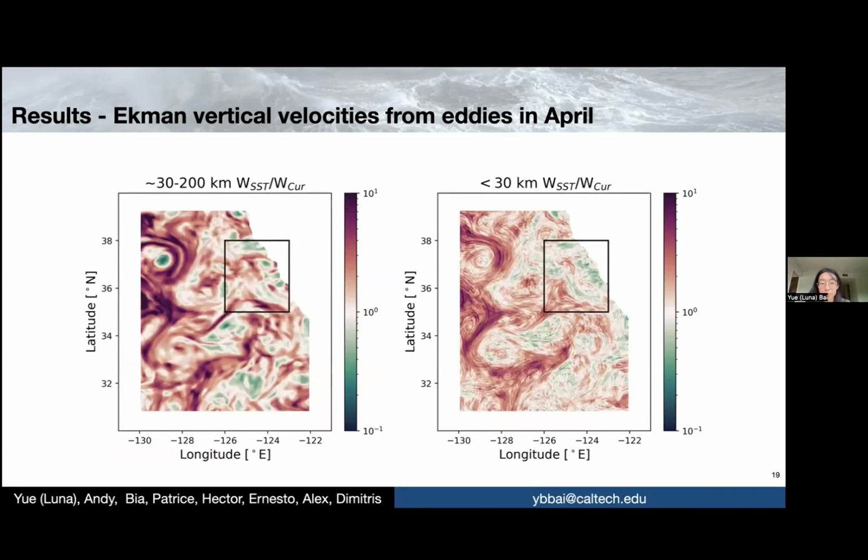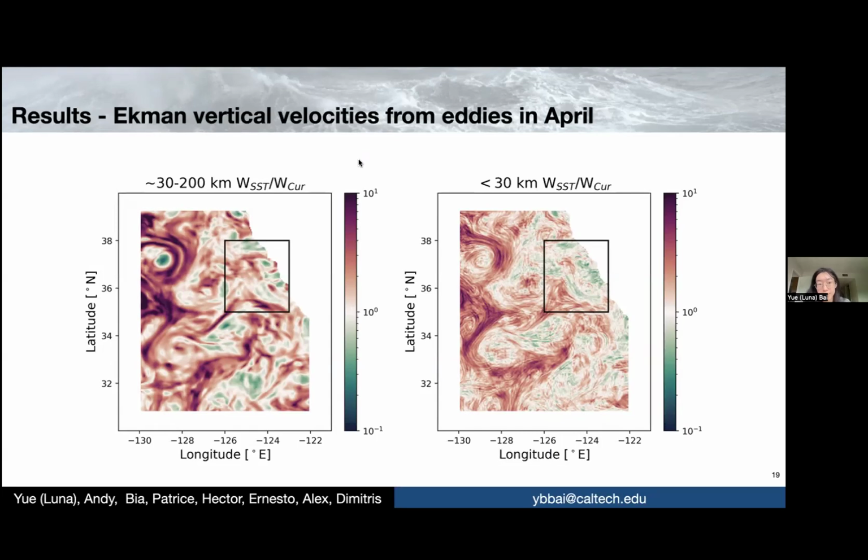Following Gaube et al. 2015, we are also curious about the ratio of the SST-induced and current-induced Ekman vertical velocities. On the left, we are showing these ratios at mesoscale, and on the right, we're showing these ratios for scales smaller than 30 kilometers.